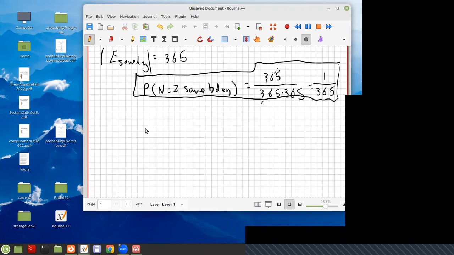Okay, well, let's look and see what happens if we had n equals 3 people. Well, this is the sample space size, 365 cubed, not squared.